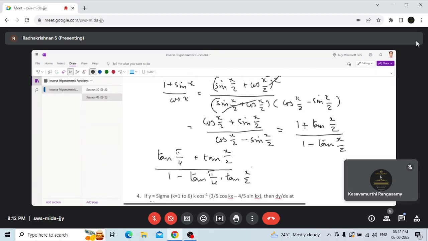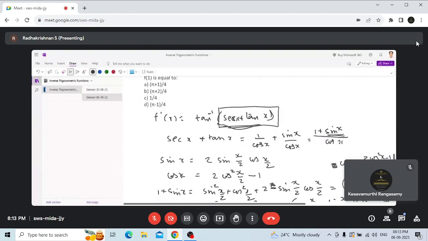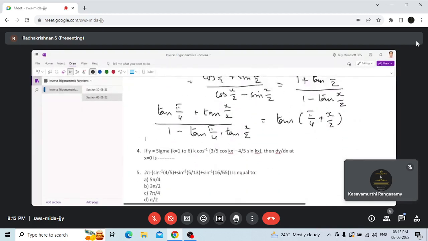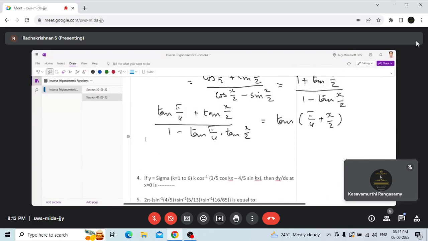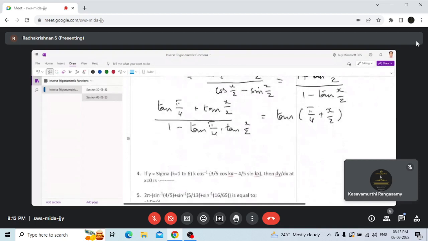So we have converted into some tan format, tan of pi by 4 plus x by 2. So now what is required? Tan inverse of this. So that will be simply pi by 4 plus x by 2. That is your f dash of x.